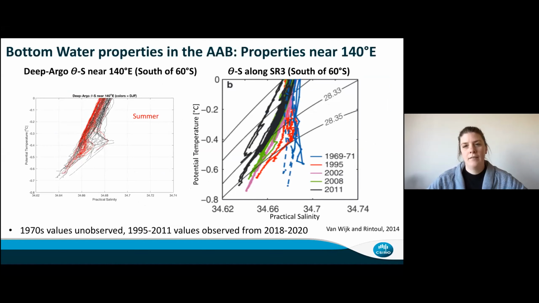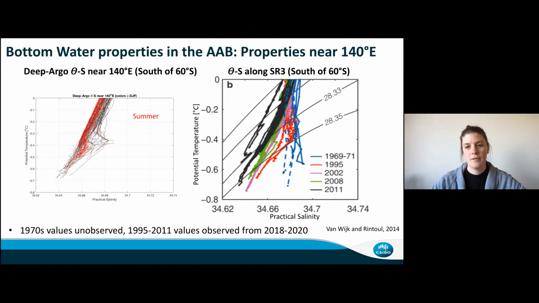And then, as a final bit, getting back to this comparison with properties along SR3 at 140 East. These scales are the same, so it's a bit hard to compare, but what you see is that the spread of the values observed just between 2018 and 2020 is similar to the spread of values that you've seen since 1995.